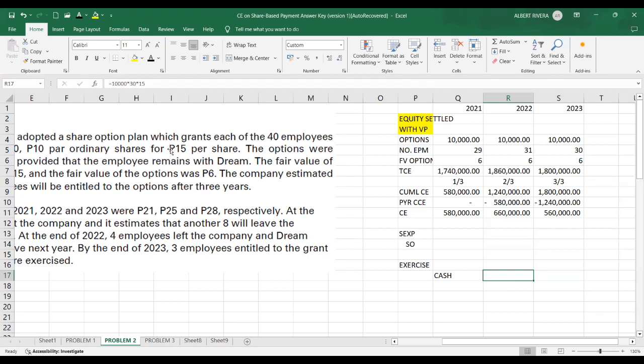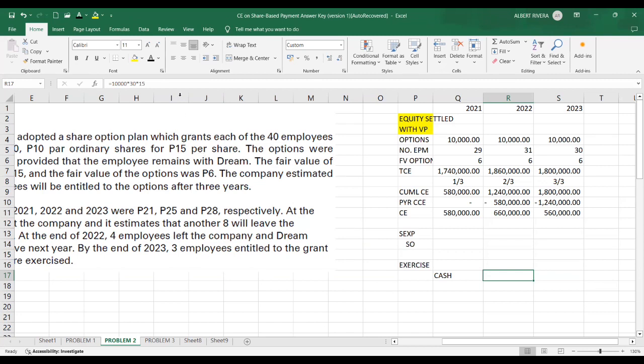Option to purchase an amount that is granted to the employee. Okay, an option to purchase the share of the entity at an amount that is lower than the fair value of the share. So that is now 10,000 options times 30 employees times 15, which is the option price to purchase one share.